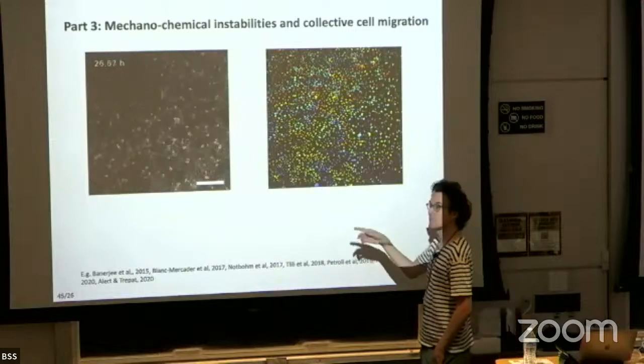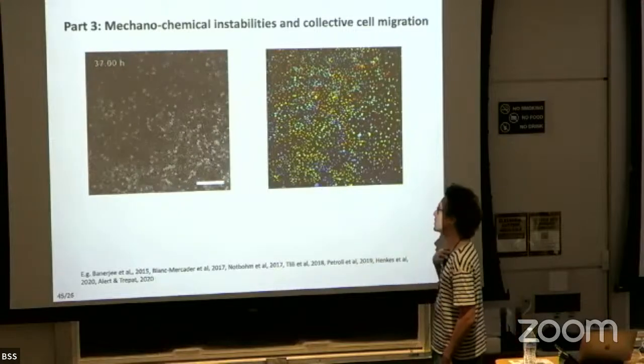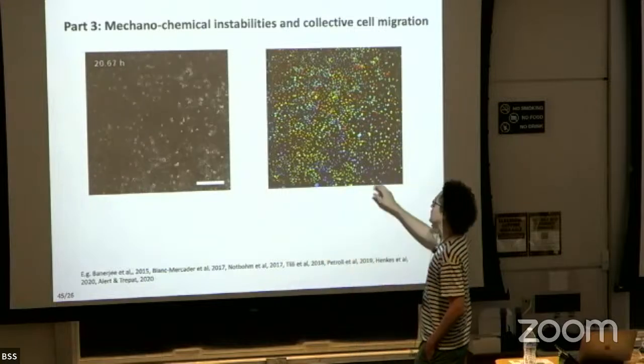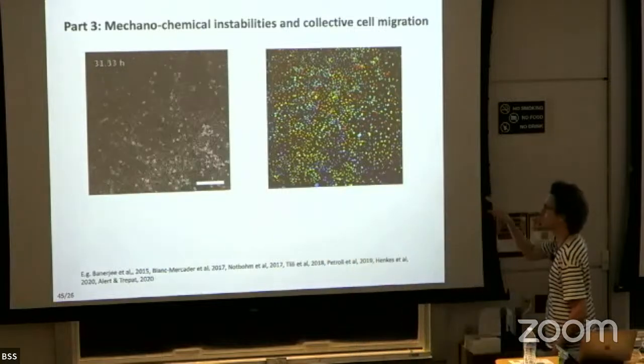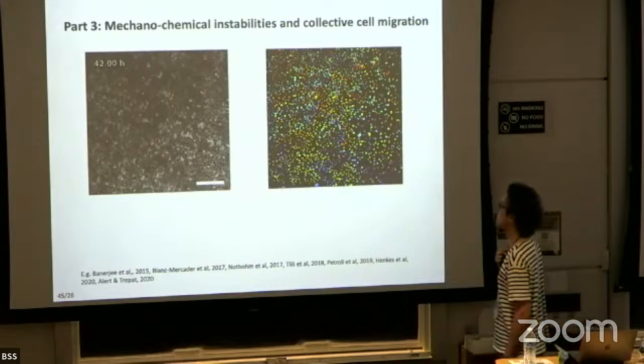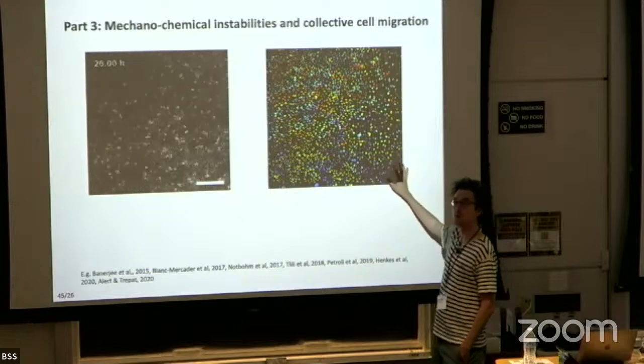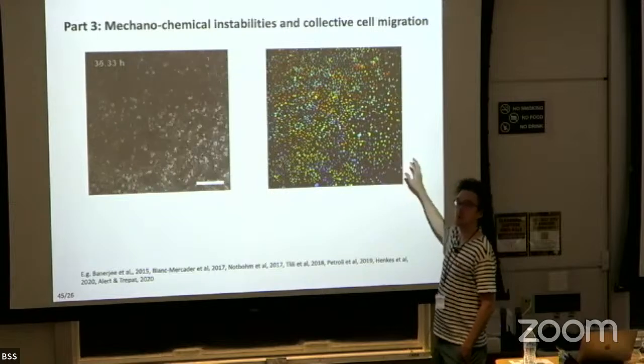This has been found in a number of cell types by different groups, and you can see a number of oscillations. What was cool is that we had collaborators, whom I will acknowledge later, from Kyoto, the group of Tsuyoshi Hashima, who were making exactly the same experiment on MDCK monolayers, but now with FRET sensors.